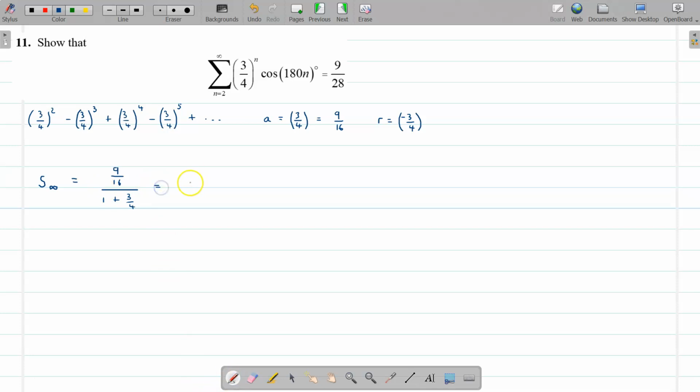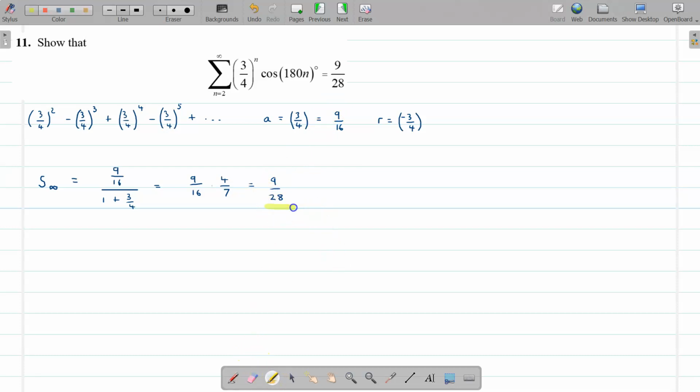So you're doing 9/16 divided by 7/4, which is 9/16 times 4/7, by inverting that fraction, and you can see that that leads you to 9/28, which is the answer that you've got to prove or show.